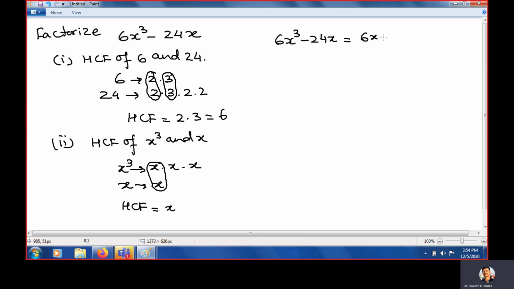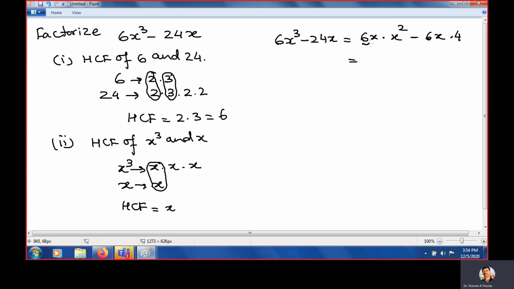Write 6x here into. Look, 6 is already there. X power 3, only x we have written here, so x power 2 minus. Now 24 is here, we have written 6x. So how much have we got? 24 divided by 6 is 4. And x by x is nothing.